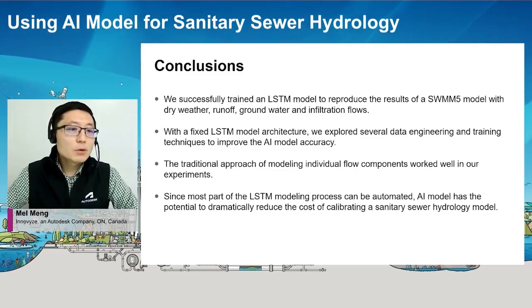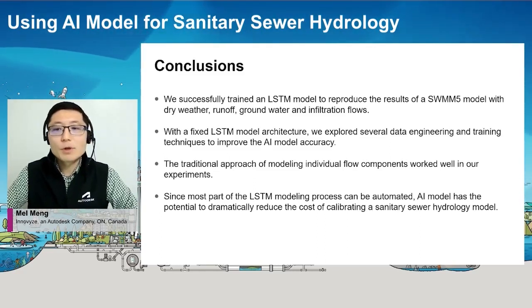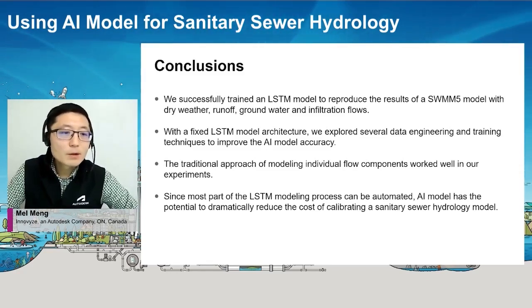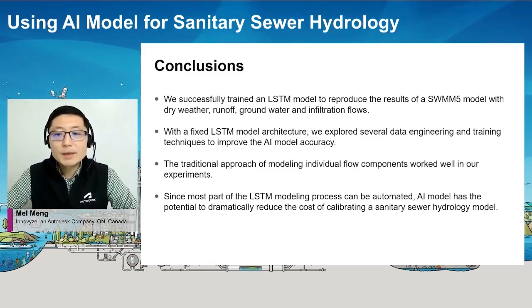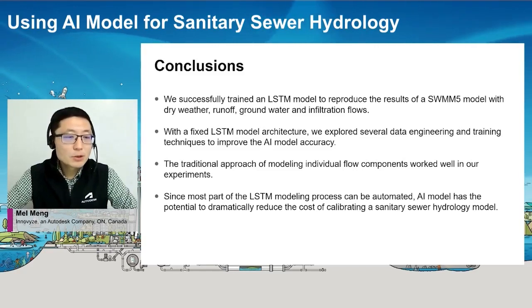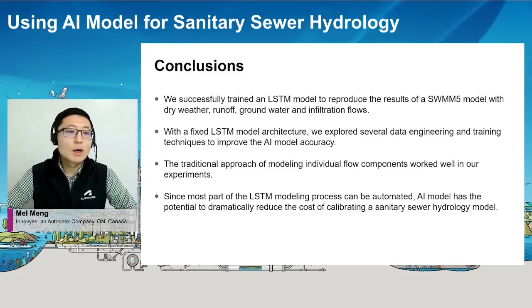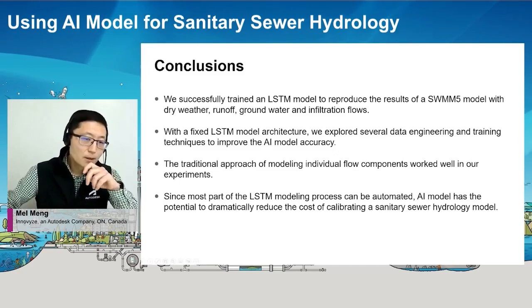The traditional approach of modeling individual flow components worked well in our experiments. And since most of the LSTM modeling process can be automated, AI models have the potential to dramatically reduce the cost of calibrating a hydrology model. So I'm very excited about the potential of this technology.